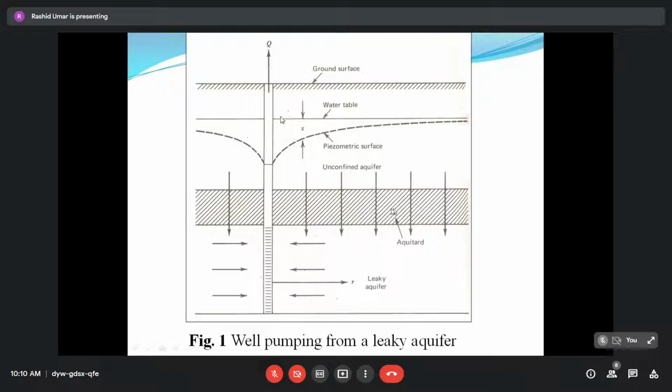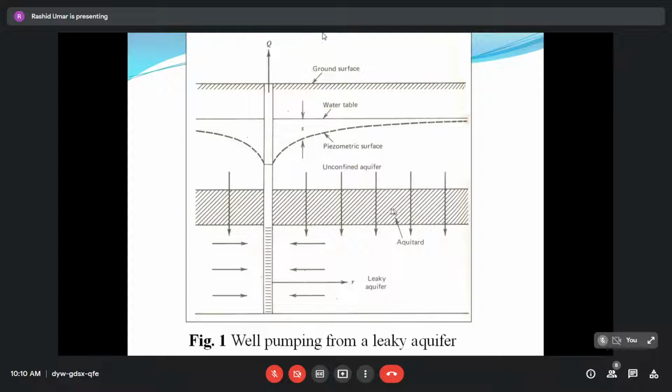What will be changing is the piezometric surface. So how much leakage will be taking place? That is directly proportional to the difference between the lowering of the piezometric surface and the water table. This diagram illustrates the condition of pumping in a leaky aquifer.